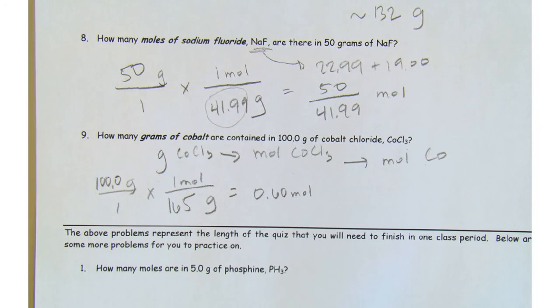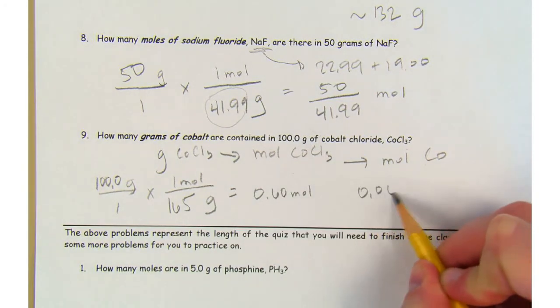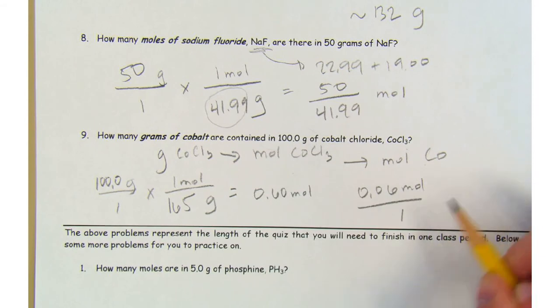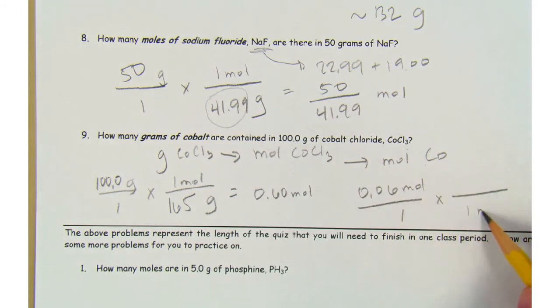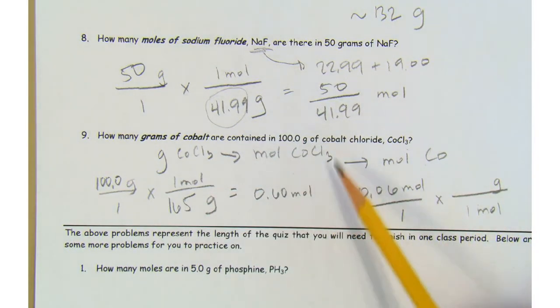Now you're ready to figure out how much 0.6 moles of cobalt weighs. So this is a yellow problem, all right? And you just need to fill in the molar mass for cobalt, not cobalt chloride, just plain old cobalt.